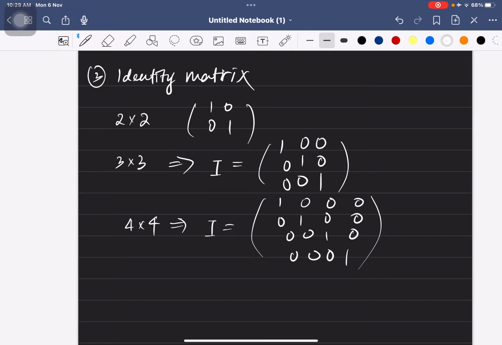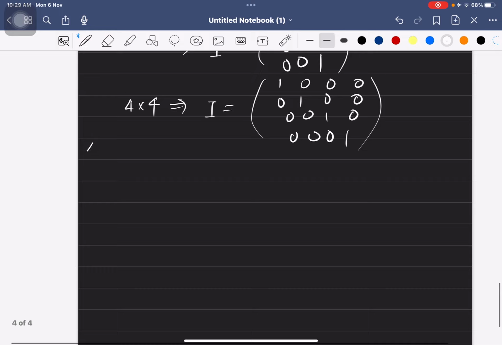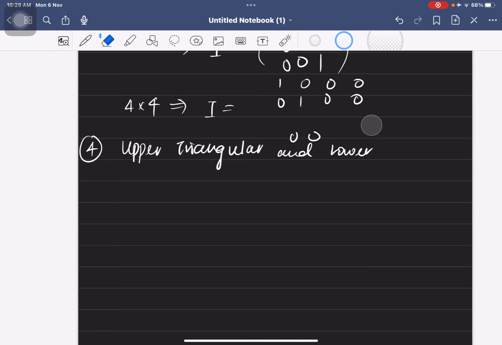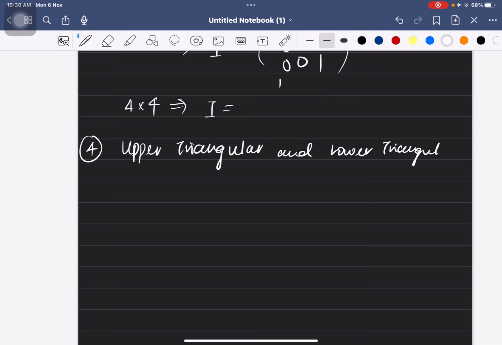Okay, the next one is the upper triangular, and also the lower triangular matrix. Okay, I'm going to erase this. Upper triangular is like, you can just imagine there's a triangle.